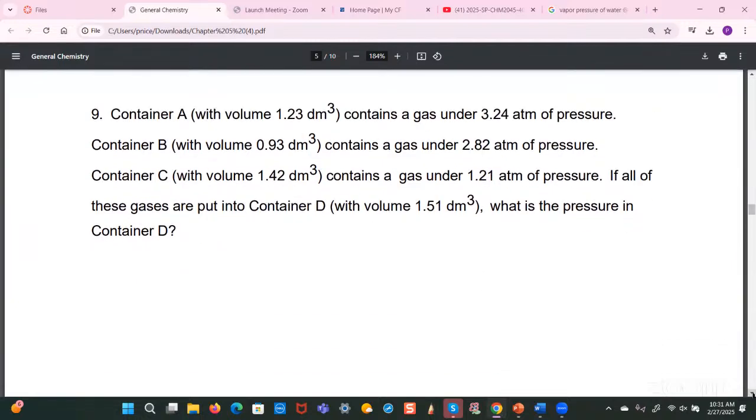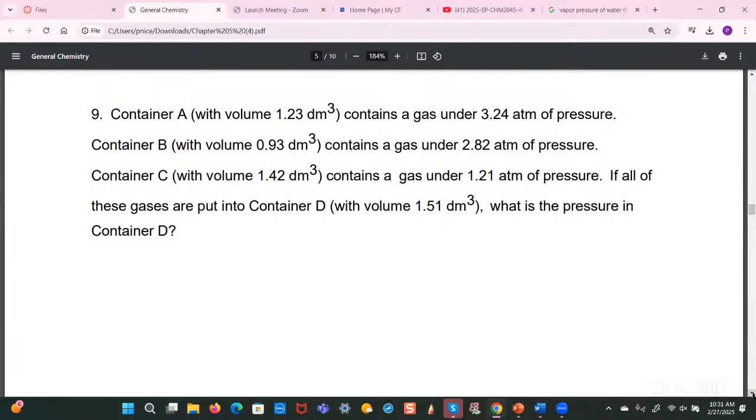The question says there are three containers, A, B, C, and they gave you their respective volumes and their respective pressures of the gases in those containers. And the question is asking, if you were to put all these gases into container B with a different volume, what is the pressure? Now, based on this question, we're assuming that the temperature is the same.